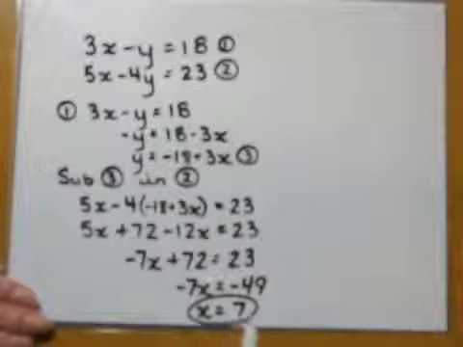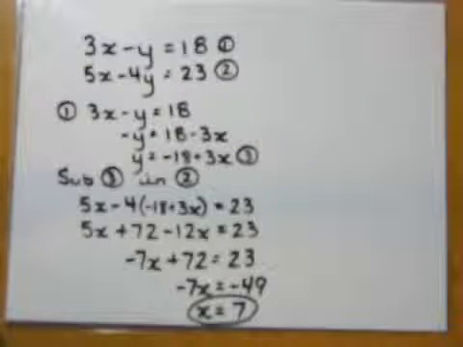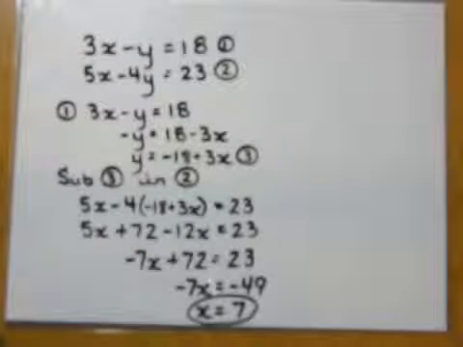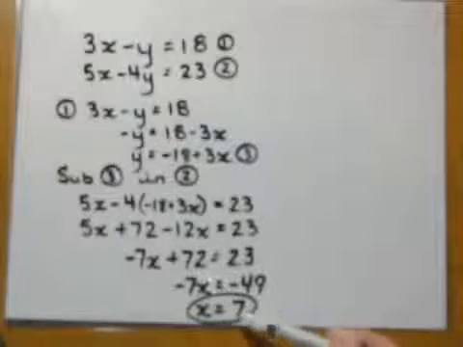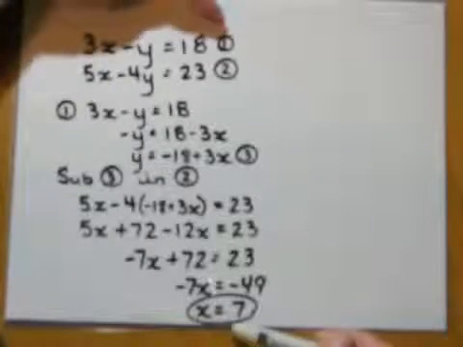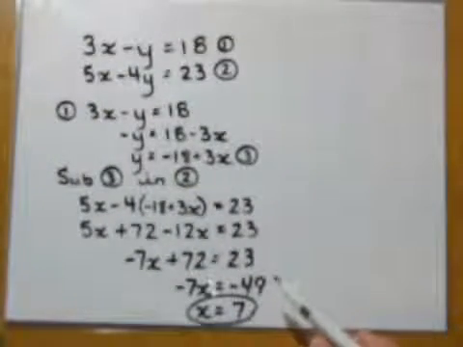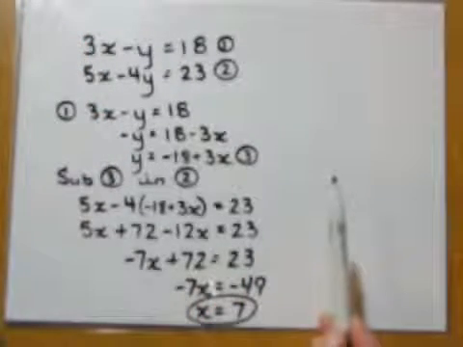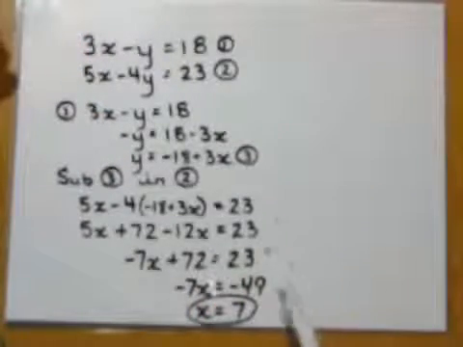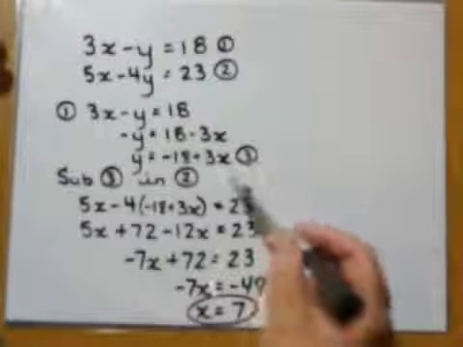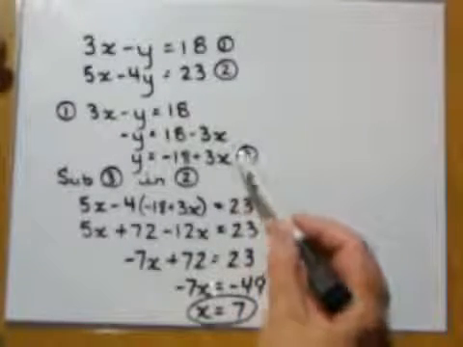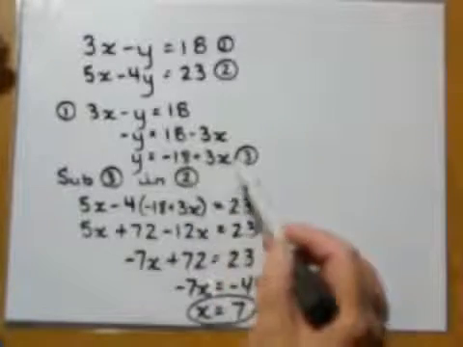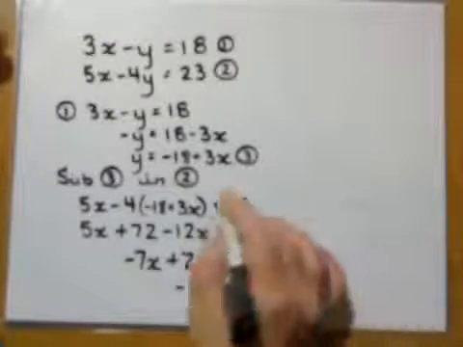So I have one of my variables solved for. Now to solve for the y, I can sub this x equals 7 back into equation 1, equation 2, or equation 3. I'm going to be smart about where I sub that in though, because equation 3 has already been rearranged to get y by itself. And since it's y we're solving for, that's where I'm going to put it. Y is all by itself, so all I have to do is the arithmetic on this side of the equation.